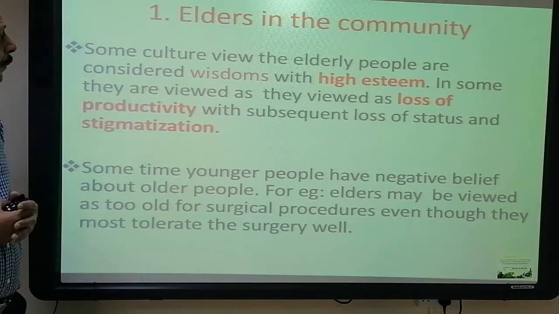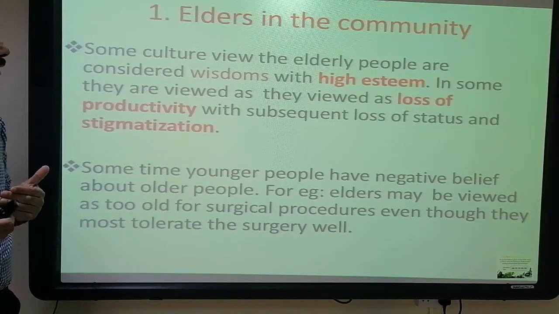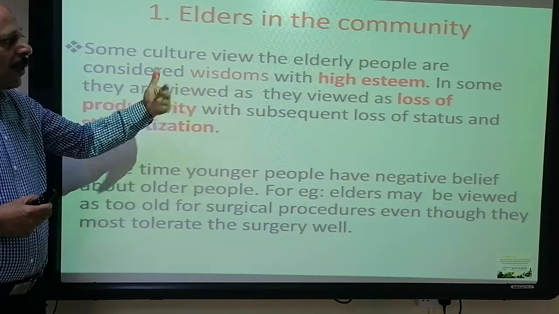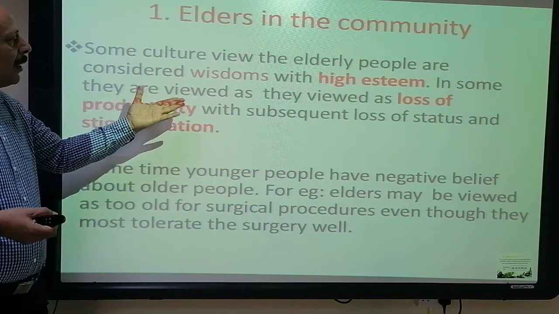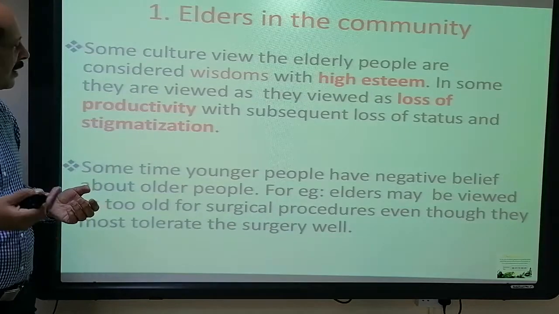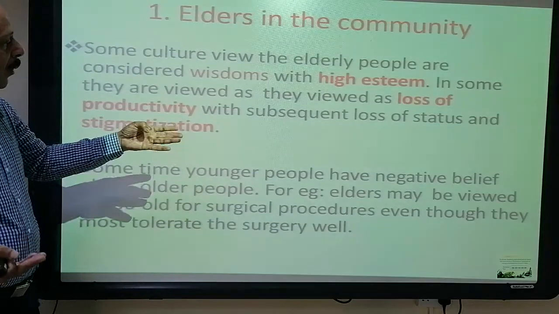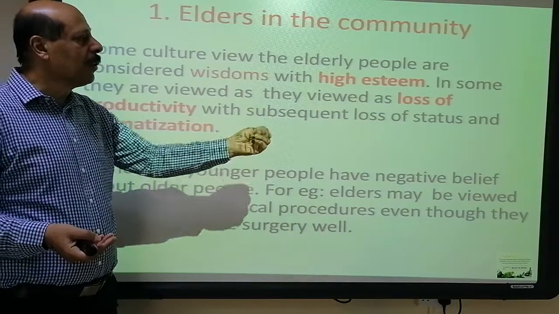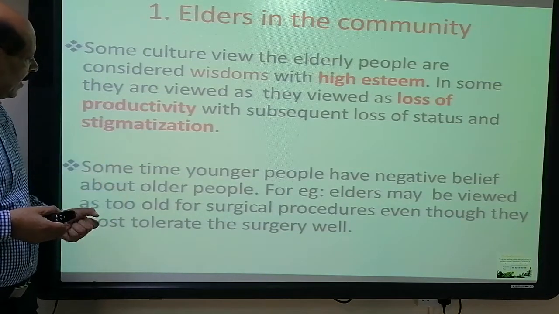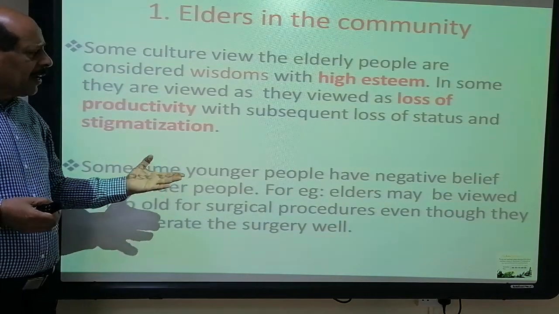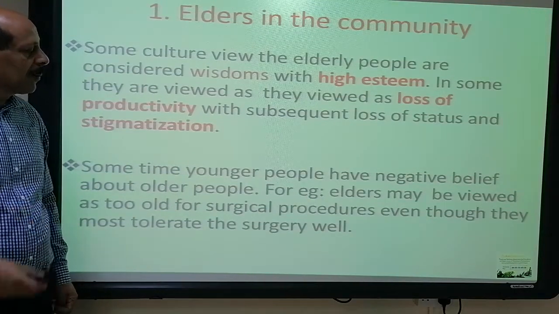So in the community, some cultures view elderly people as wisdom, with high esteem. In some, they are viewed as a loss of production, so they are unable to produce, with the subsequent loss of status and stigmatism. So sometimes younger people have negative beliefs about older people.